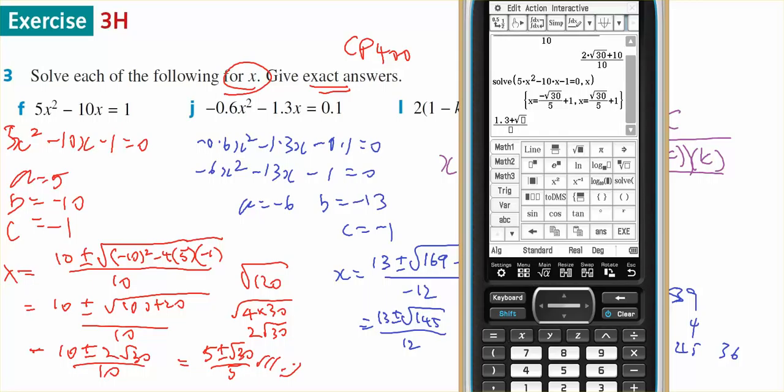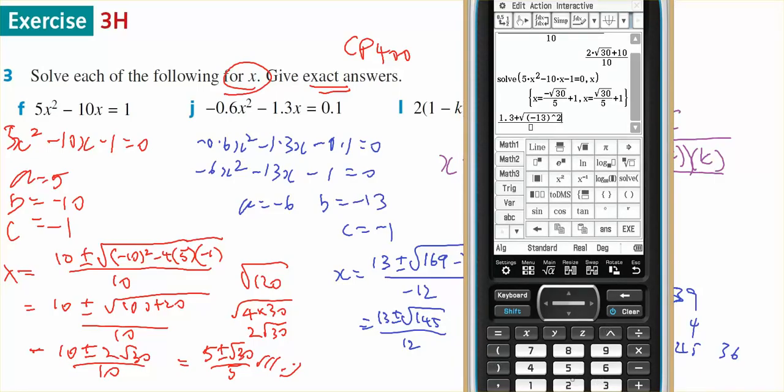I'm going to have minus 1.3 squared minus 4 times a, which is negative 0.6, and c, which is negative 0.1, all over 2a, which is 2 times negative 0.6.